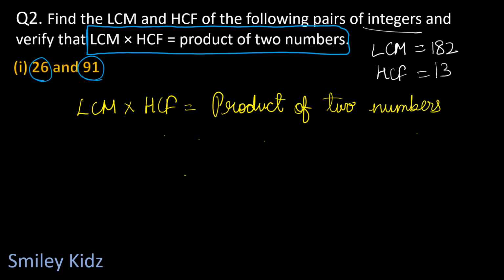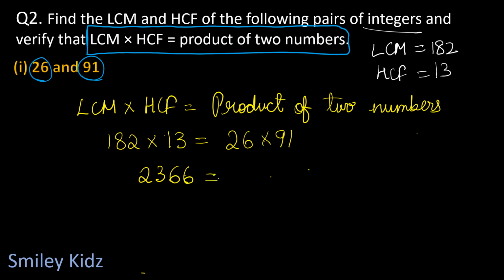Now what is LCM? 182. What is HCF? 13. What are the numbers? 26 and 91. Its product. Now what is 182 times 13? It is equal to 2366, isn't it?